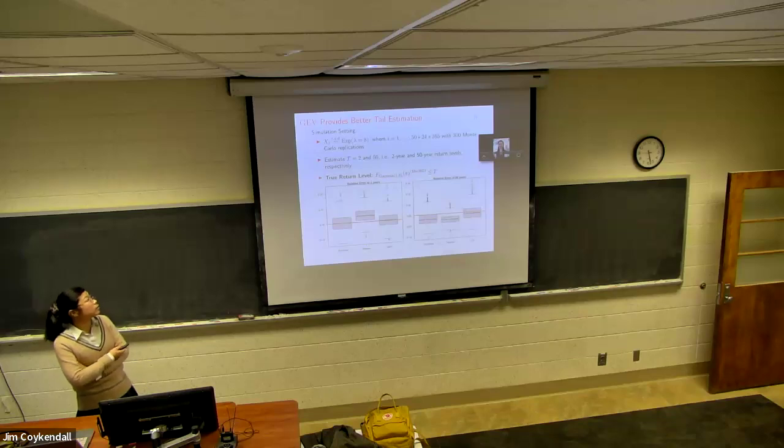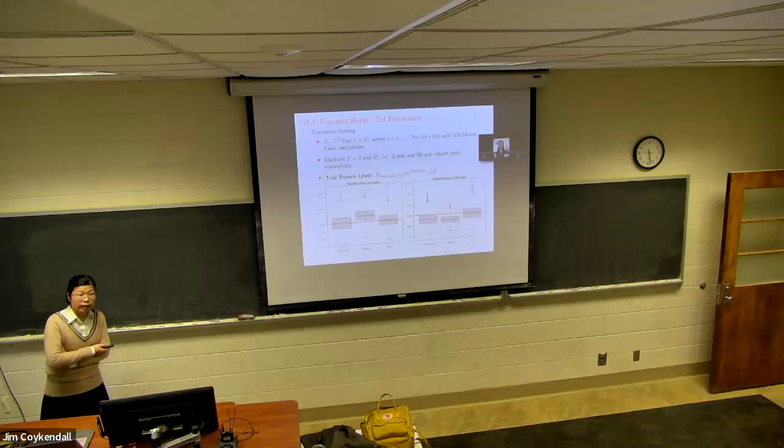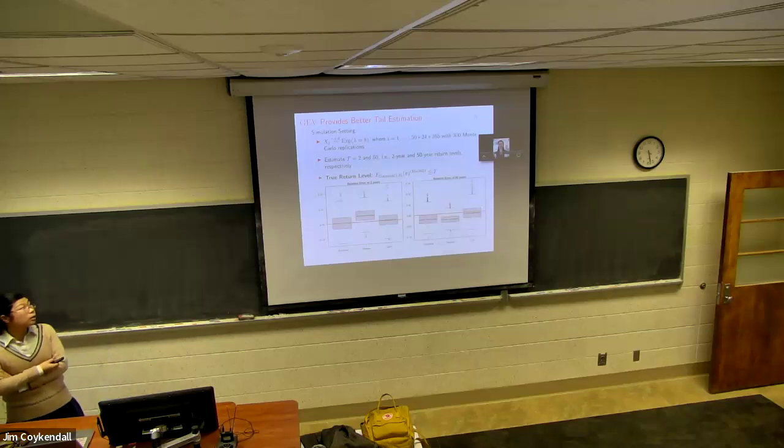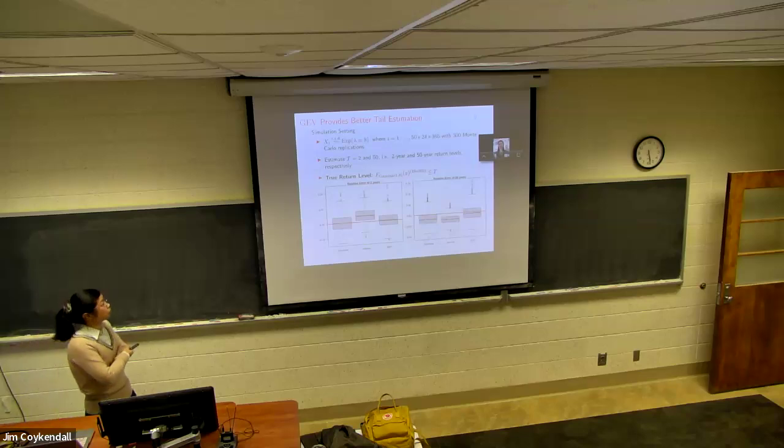We can aggregate the data points from 1 to any duration we want. If we sum exponential random variables, the summation will lead us to a gamma distribution. So in that way, we can use the gamma distribution to derive the true return level.